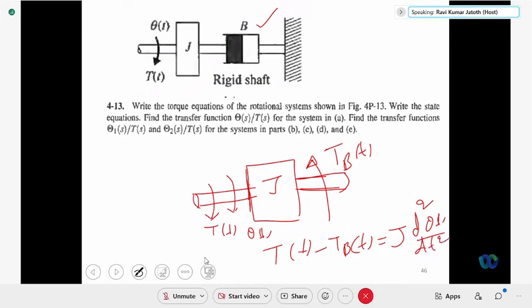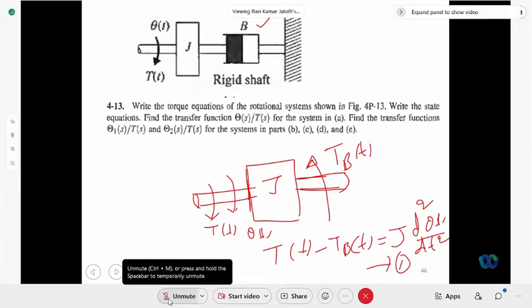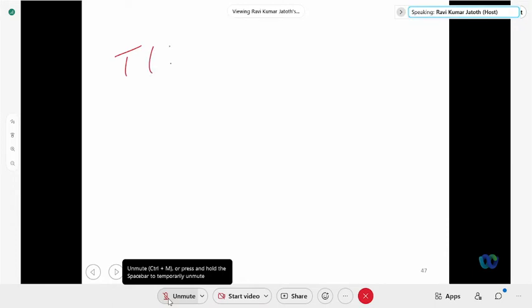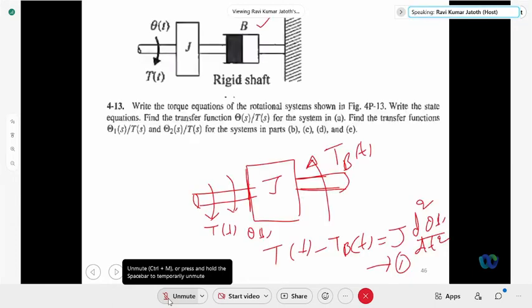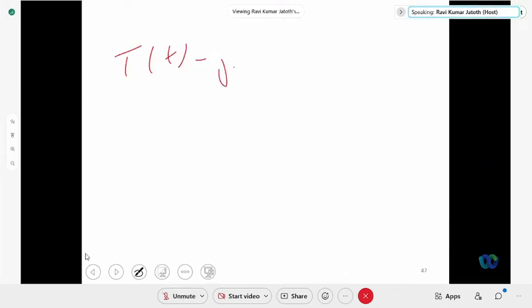Is it all right, all of you? Is this clear? TB(t) is the frictional torque, which can be given by b d theta(t) by dt.